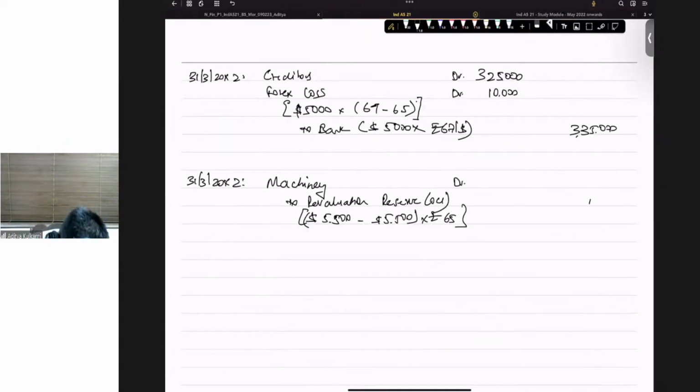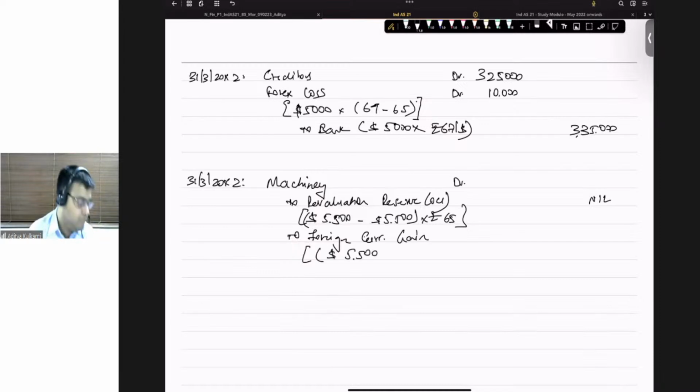So obviously this is going to be 0. This is going to be 0. But will I have forex gain? You will be having forex gain, foreign currency gain. How do I record this? Well, this will be 5,500 into 69 minus 67.